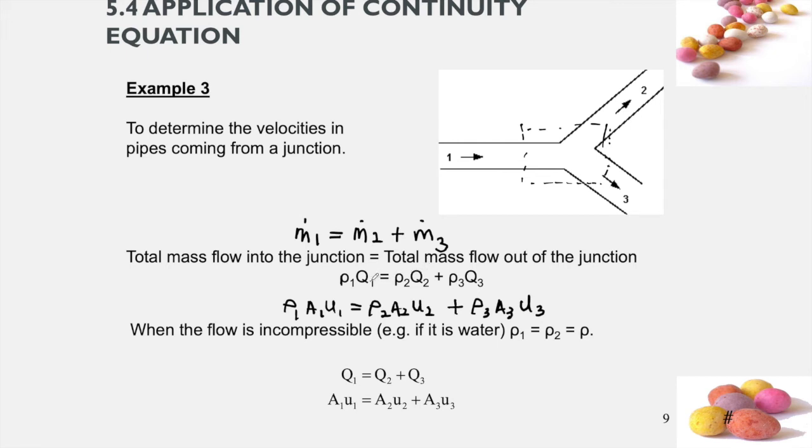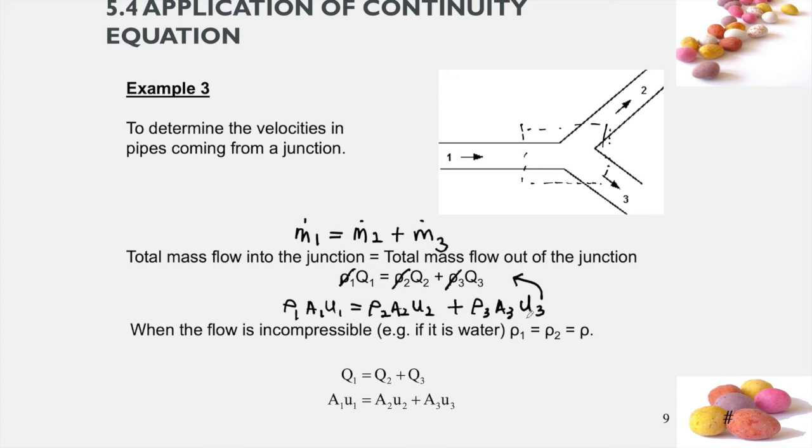As you can see here, Q1 is A1 U1, Q2 is A2 U2, Q3 is A3 U3. This is the simplified version of this equation. The density is constant, therefore we can cancel out the density terms: rho 1, rho 2 and rho 3 can be cancelled out.